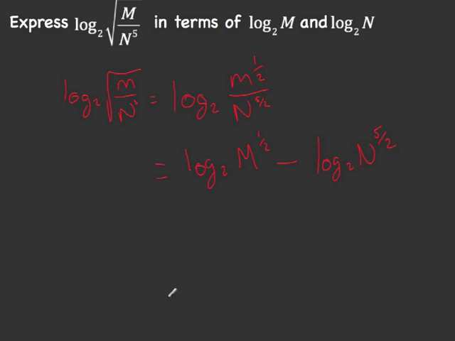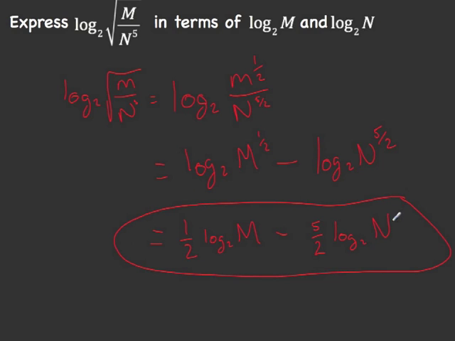And again, we'll use that third law that says I can turn this into 1/2 log base 2 of m and subtract 5/2 log base 2 of n. And that becomes how I can rewrite that.